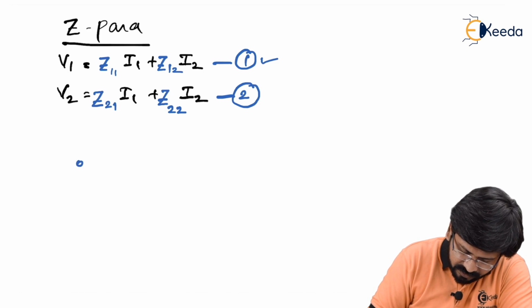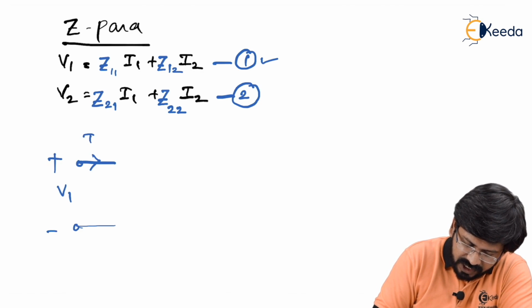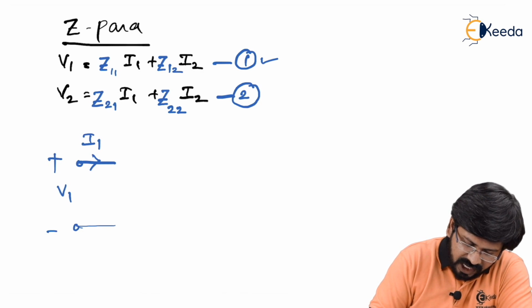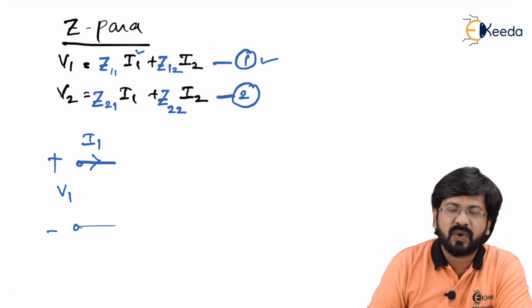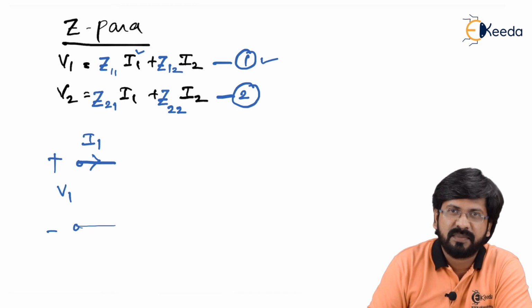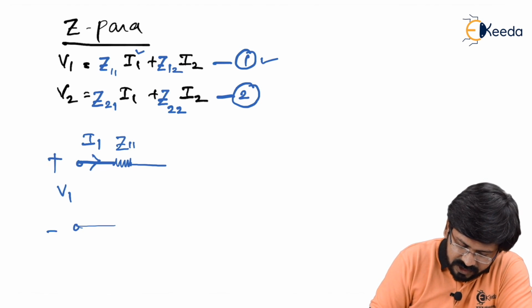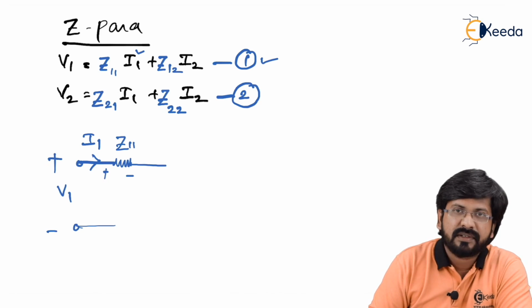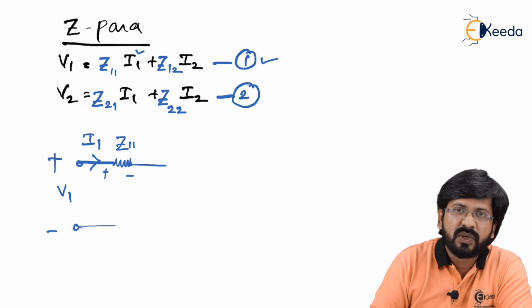You will understand it. See, this is port number 1 having voltage V1, and the source current of port 1 is of course I1. So when I say I1 is a current, Z11 has to be an impedance, because Ohm's law says that I into Z is a voltage. So this impedance is nothing but your Z11, which gives you this plus minus polarity. I'm sure you understood this. So V1 is equal to Z11 I1 plus Z12 I2.